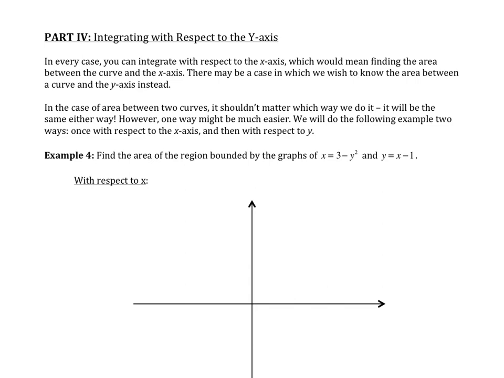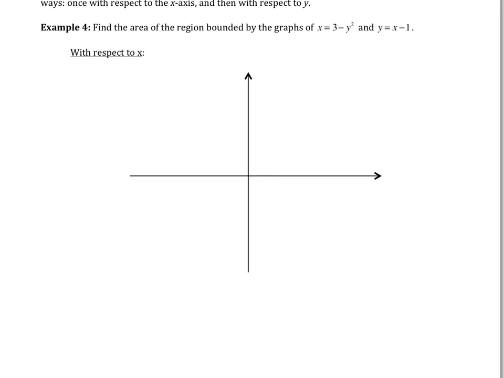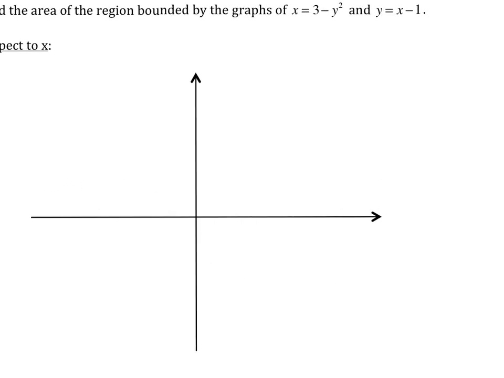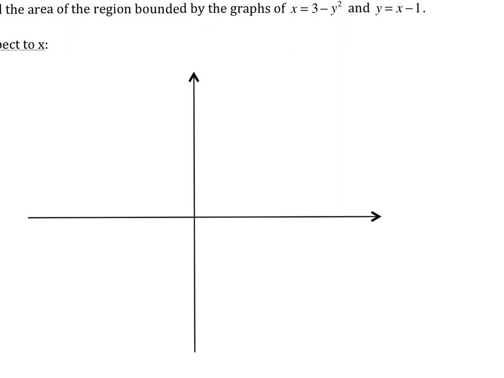to y. So example 4 here says find the area of the region bounded by the graphs of x equals 3 minus y squared and y equals x minus 1. So we look at this and we're like, what? Okay, fine. Let's solve for y in terms of x.